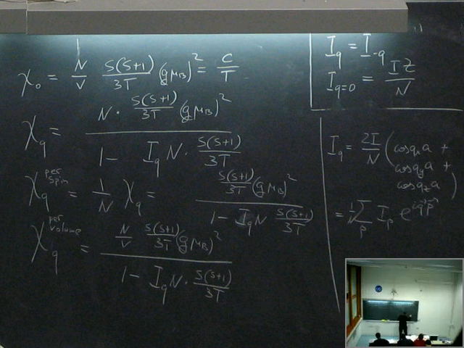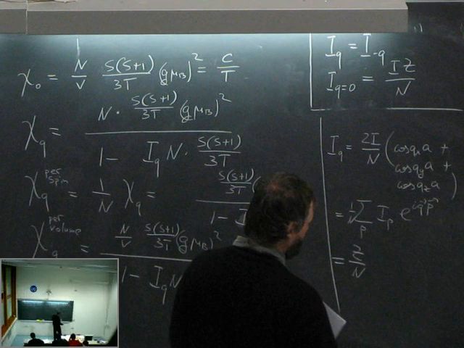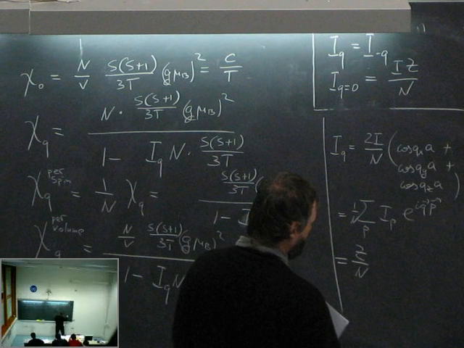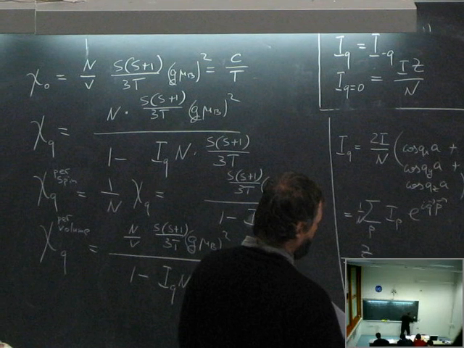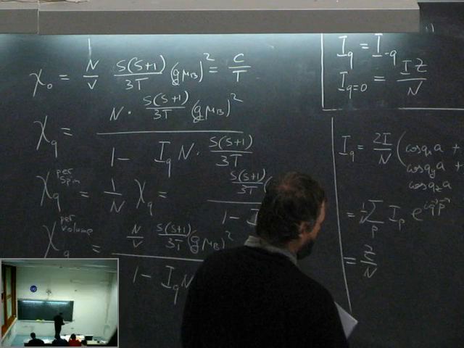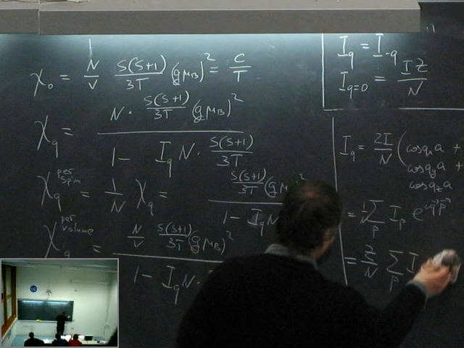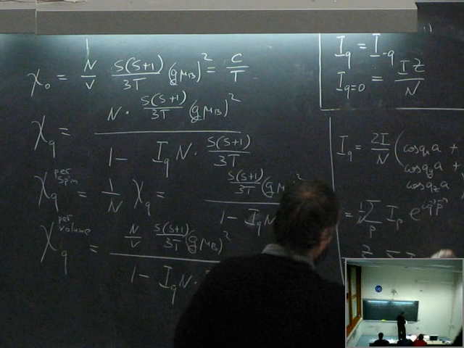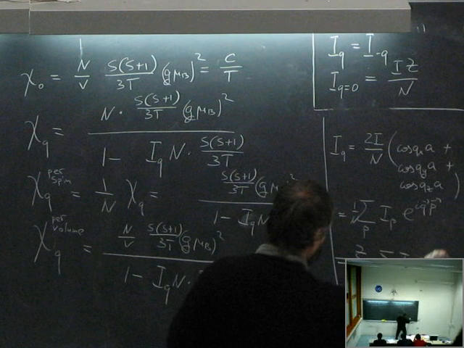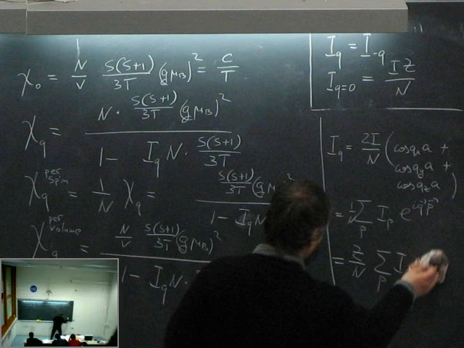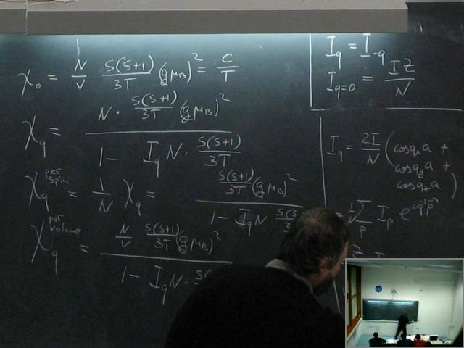So sometimes it is written z over n, and here, since I multiply it by z and divided by z, it's sum over rho I rho phi q, sorry, z over n I phi q, where phi q is 1 over z sum over rho e to the power i q rho.